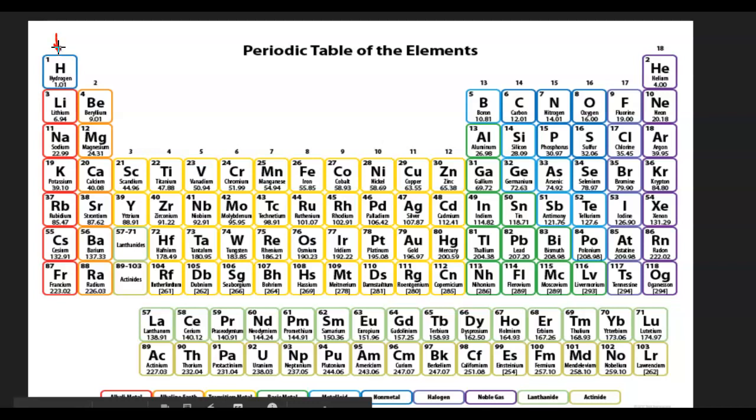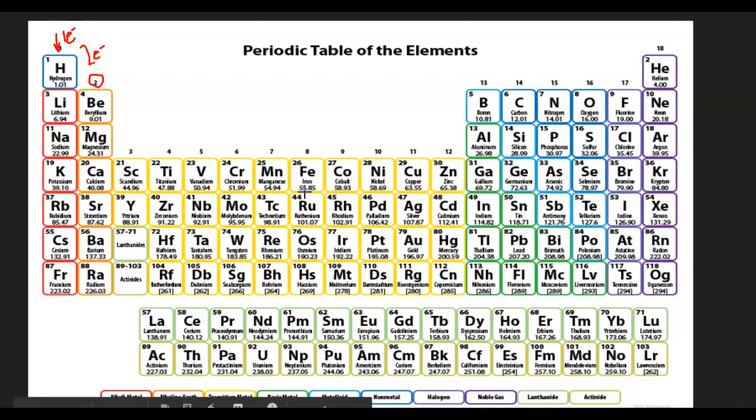So if you look at this vertical column, this is called group 1, and everybody in group 1 has one valence electron. So I'm just going to put 1 and then a little e negative, so 1 electron in its outer shell. Group 2, they have 2 electrons in their outer shell. And so all of these guys will have 2 electrons in their outer shell.